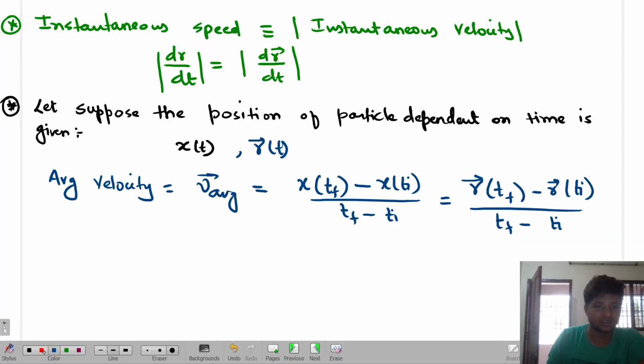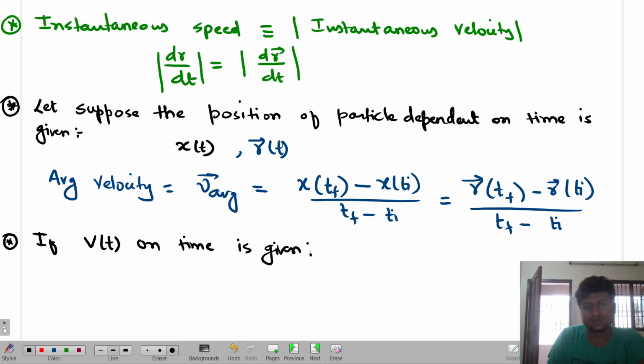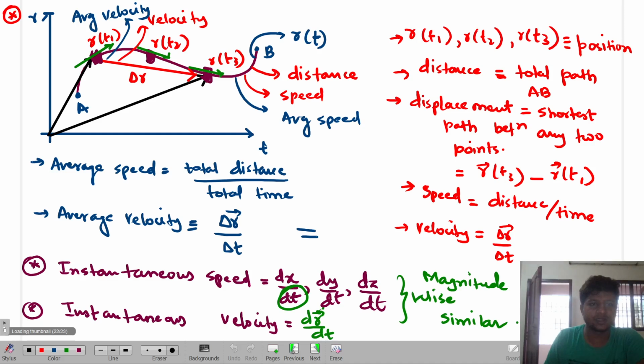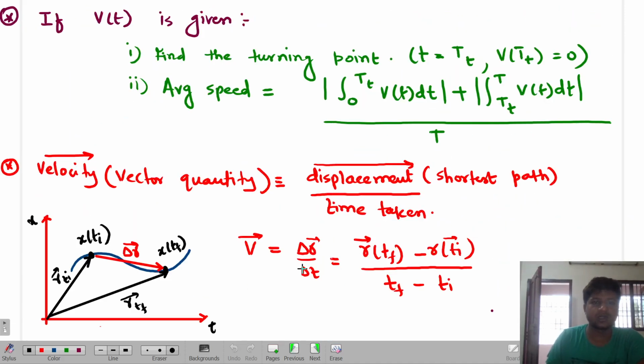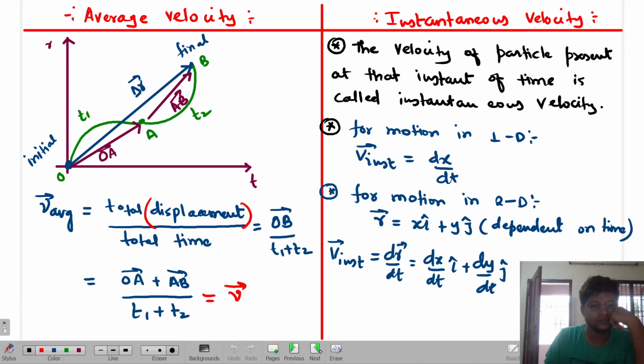Second point, what if, look over here, as position is dependent on time, r is dependent on time, and velocity dependent on time is also given? Earlier, if velocity dependent on time was given, you were required to find the turning point.